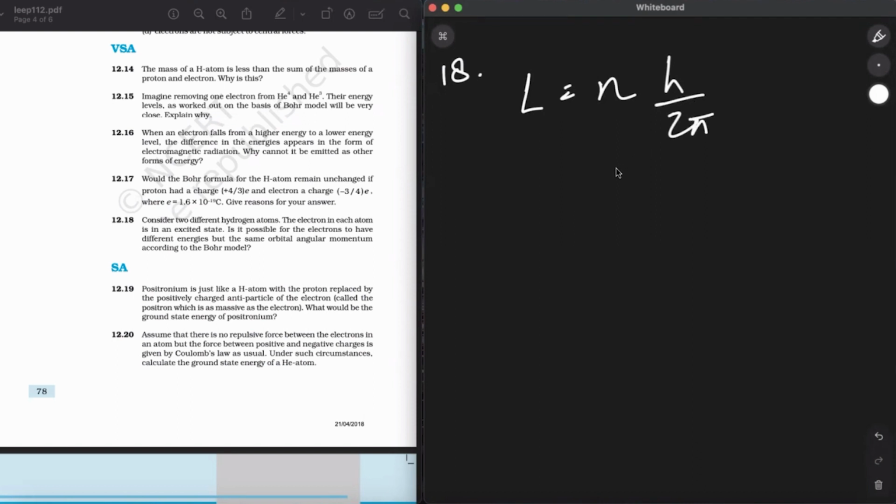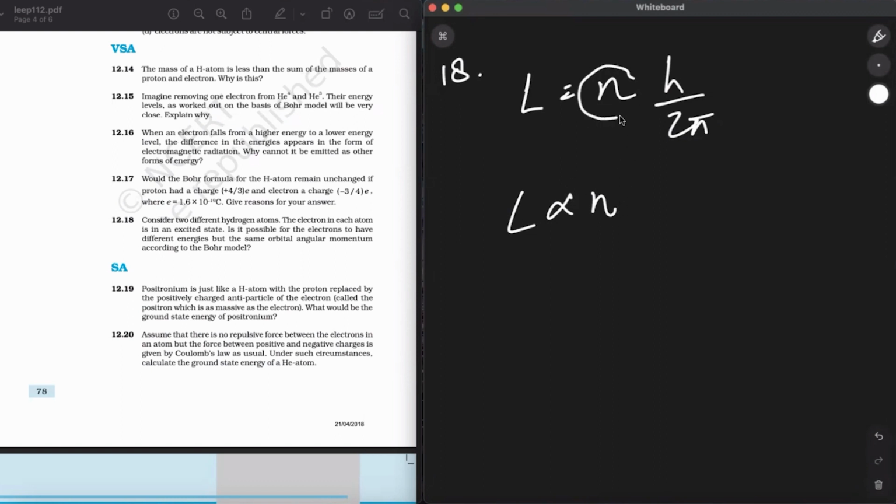According to Bohr's model, electrons having different energy levels will have different values of n, and L is proportional to n. So electrons having different energies will have different values of n, hence different values of angular momentum L. Hence, it is not possible for the electron to have different energy but the same angular momentum according to the Bohr model.